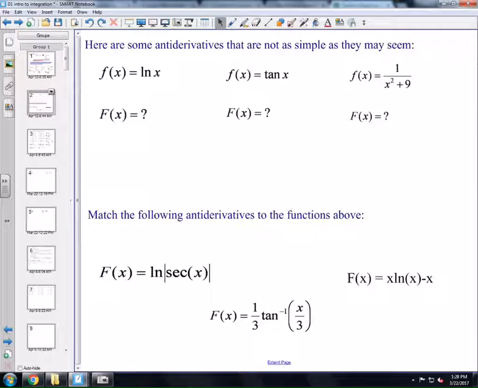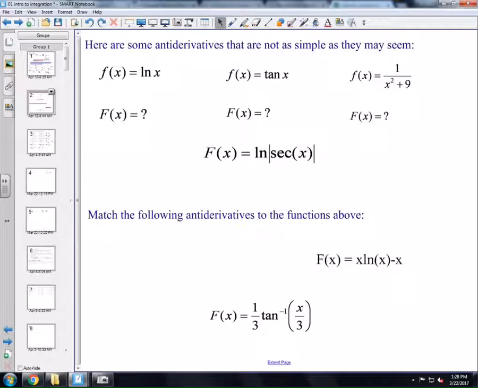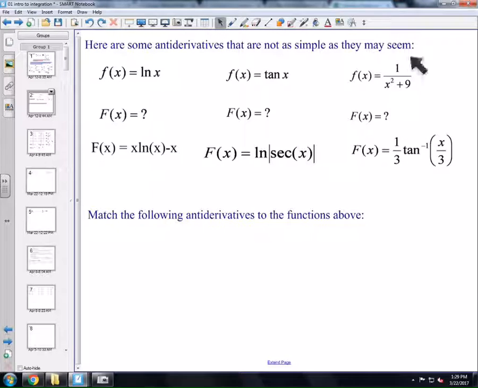There are little tricks involved. For example, the tangent antiderivative is the natural log of the secant. Where does that come from? And the antiderivative of the natural log is actually x natural log of x minus x, and the weirdest part here is this has no trigonometry in it whatsoever, or it doesn't look like it does, but its antiderivative is actually an inverse tangent, if you can believe that.